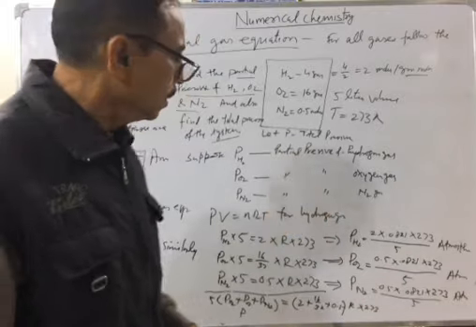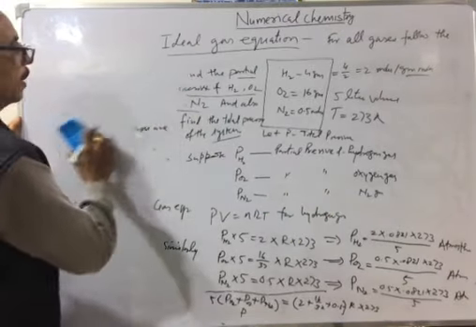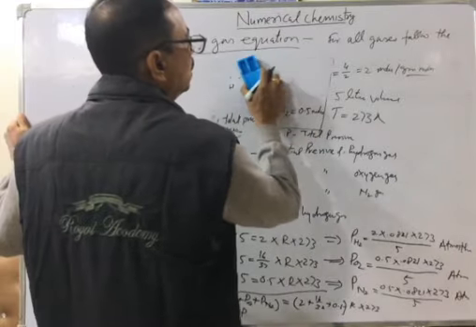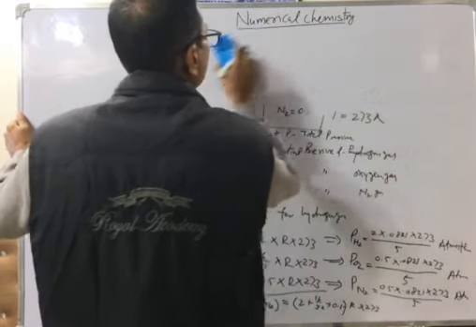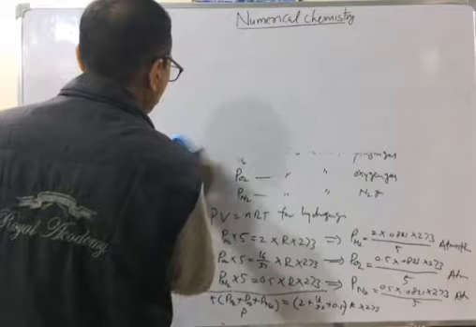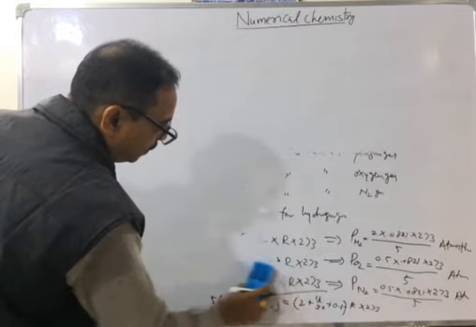Here I will give you one law which is very important in chemistry from the numerical point of view, that is Graham's law of diffusion. You all have heard this name and this is very common.